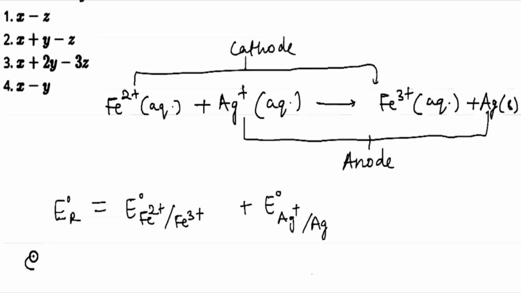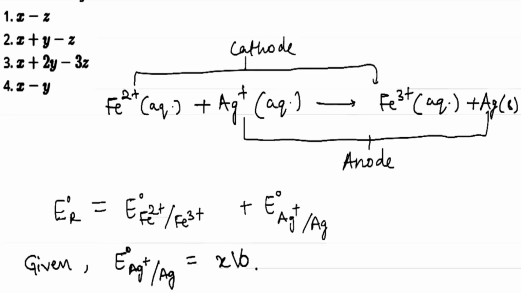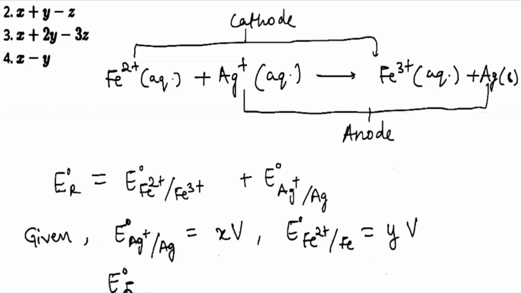So in the question we have given that E naught for Ag plus converted as Ag is equal to X volt and E naught for Fe2 plus converted as Fe is equal to Y volt and E naught for Fe3 plus converted as Fe is equal to Z volt.